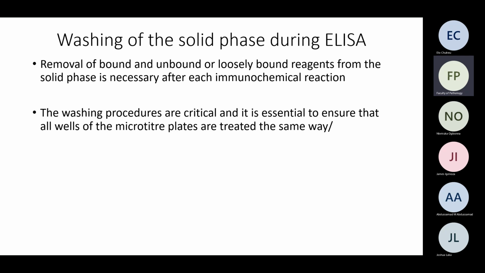It is necessary to wash the plate after each immunochemical reaction so that you can remove unbound or loosely bound reagents, which may interfere with your reading or give a false reading.